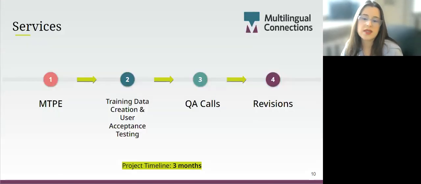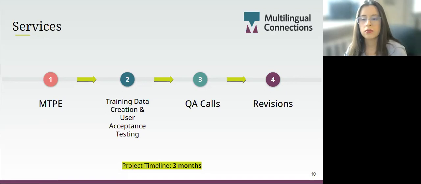As you can see, this is a very brief overview of the services that we provided. We started with the MTPE service, and after that, we created training data for them in all those languages on top of the existing data that they already had. Once the prototypes were developed, we performed user acceptance testing.